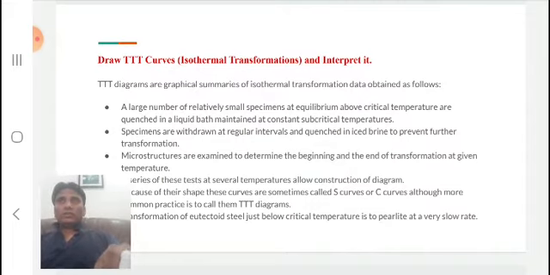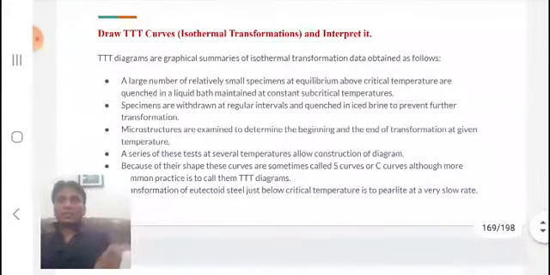Finally, after examining the microstructures, we can see the beginning and the ending of the transformation at a given temperature. A series of these tests at several temperatures allows construction of the diagram.